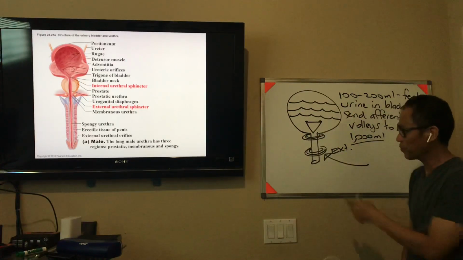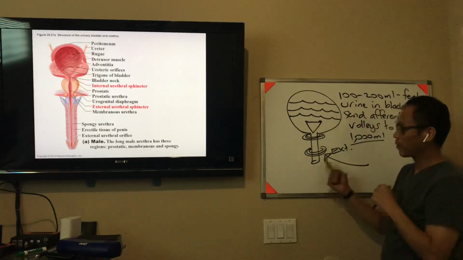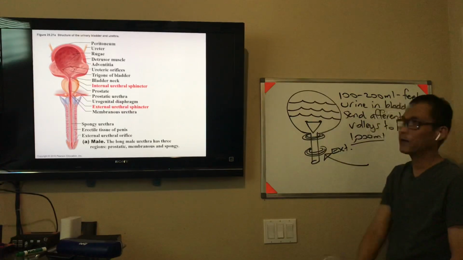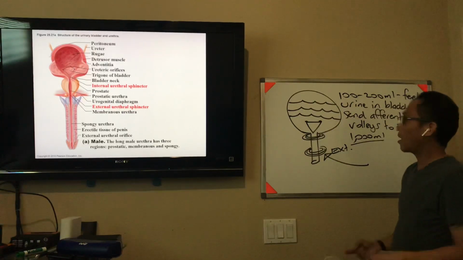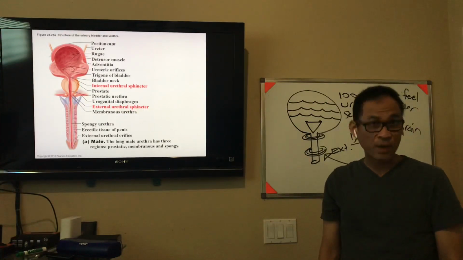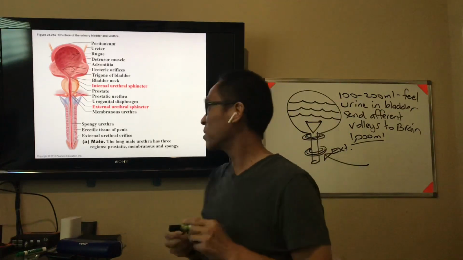So with conscious effort, you can squeeze that one to help hold your urethra shut, so you keep the urine in the bladder. That's what I'm trying to say for storage reflexes. I want to study these storage reflexes and the voiding reflexes in great detail. I just want you to know the nerves that make this all happen. So that's what we're going to talk about next.